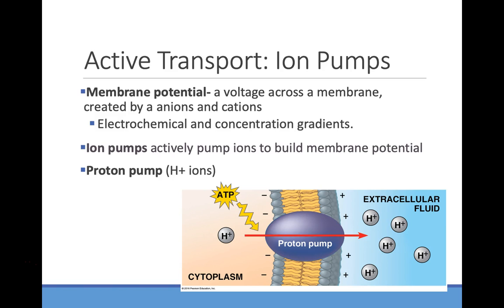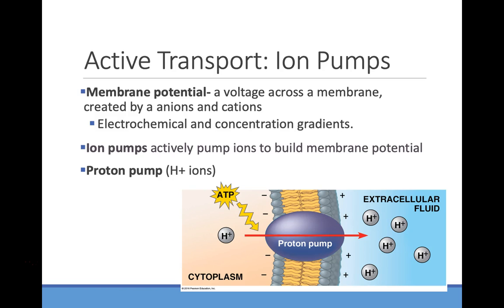But this charge buildup is often done with ion pumps moving hydrogen ions, hydrogen protons across the cell. Remember that those hydrogen ions are positively charged, and so if you move hydrogen ions, you're going to create a buildup of positive charge on one side of a membrane.